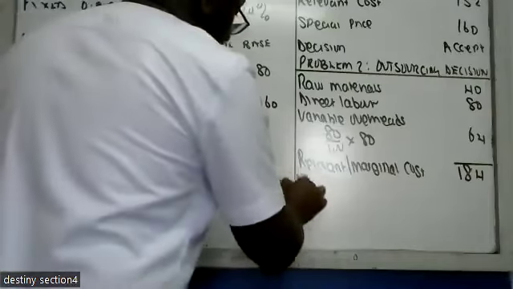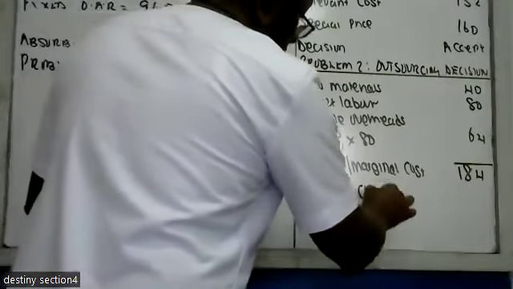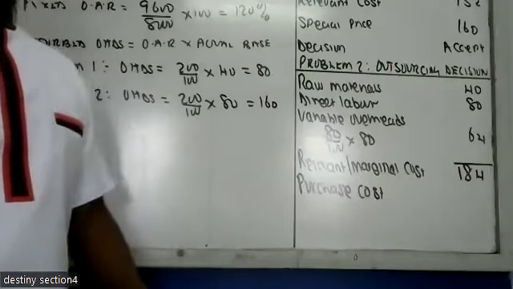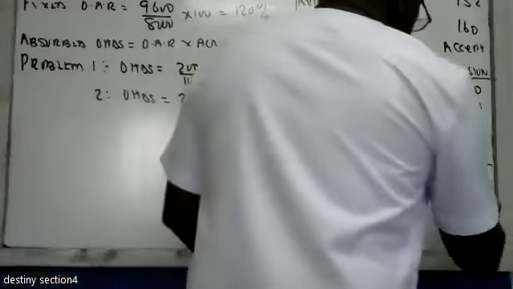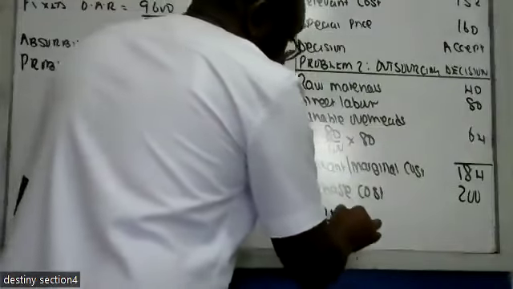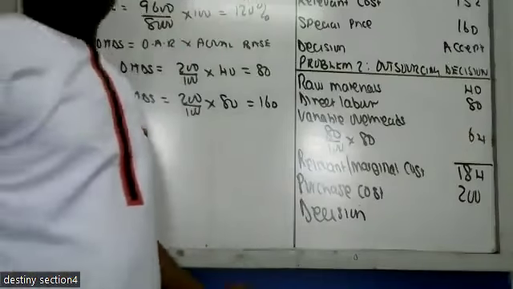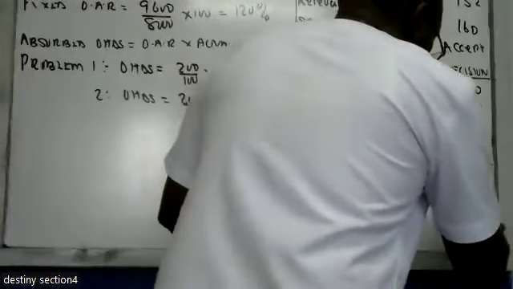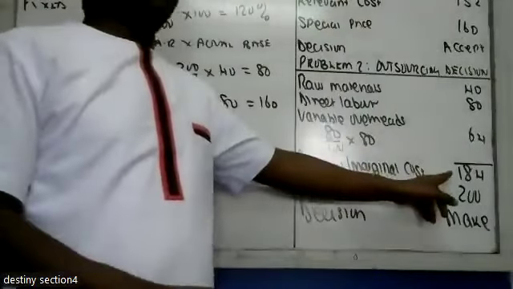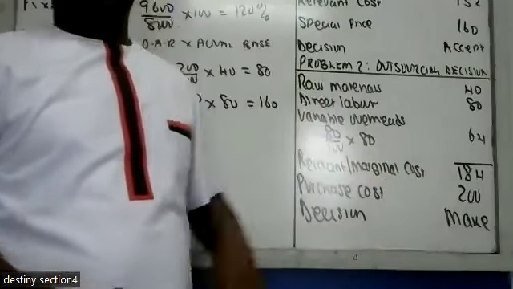Higher purchase cost. Hawa jamaa wanasema wakituuzia, they will sell to us at how much? 200. So what decision do you make? Should you make or you should buy? Yeah, good. You should make. Because when you make it by yourself, it is costing you 184. Lakini ukinunua nje, it is costing you 200.